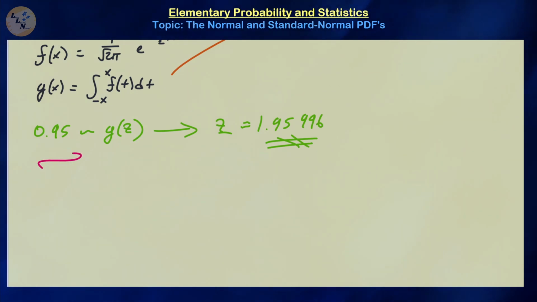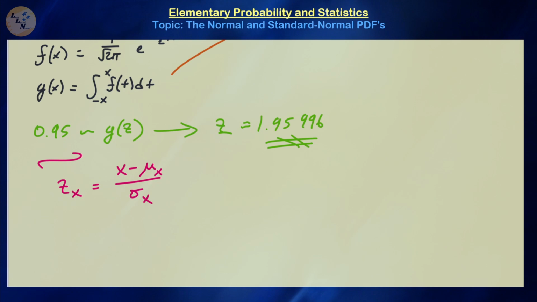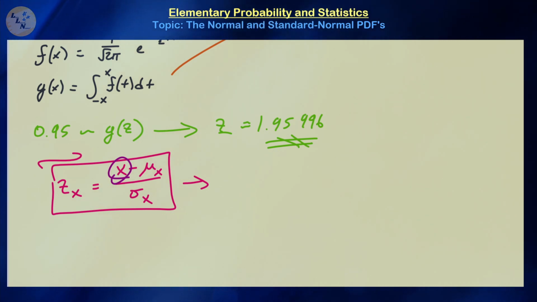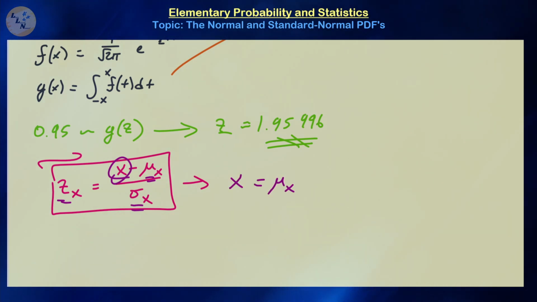Remember that the z value for a particular x value is equal to x minus the mean, all over the standard deviation. If I solve this equation for x, because we already know what z is, what sigma is, and what mu is, we have x equal to the mean plus the z-score times the standard deviation.